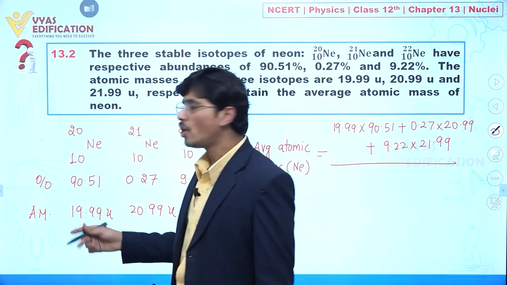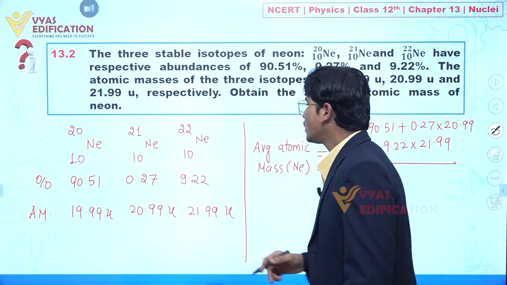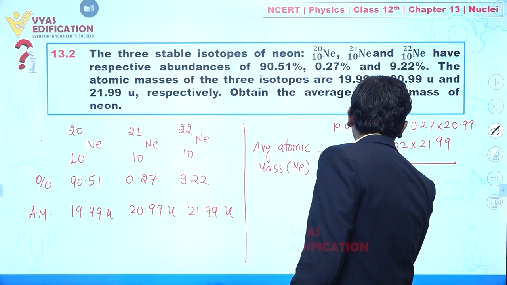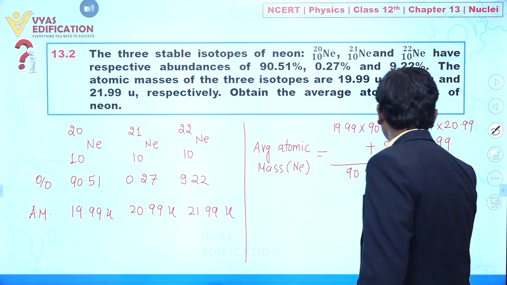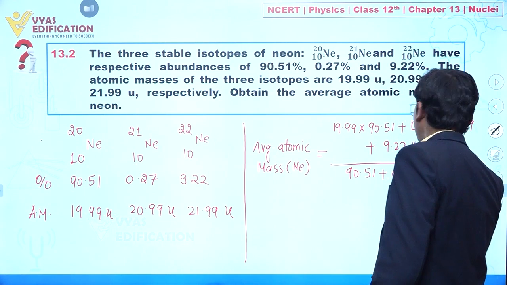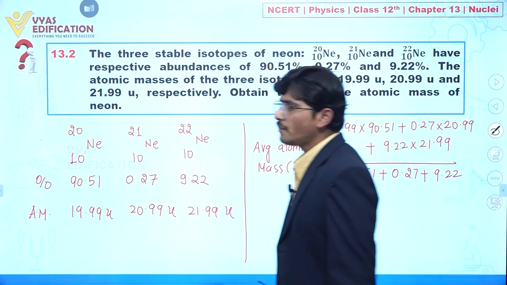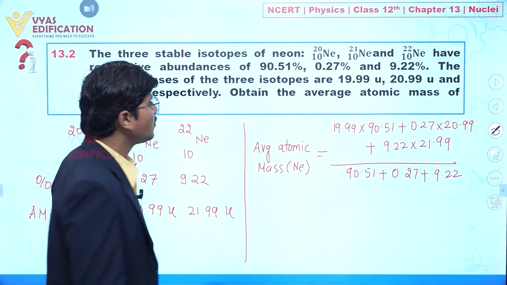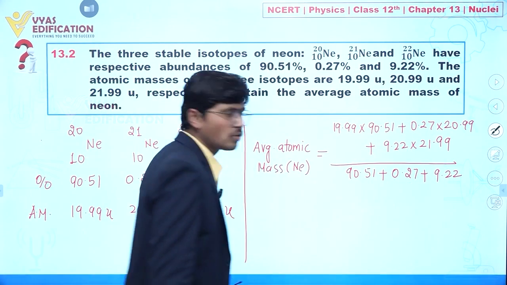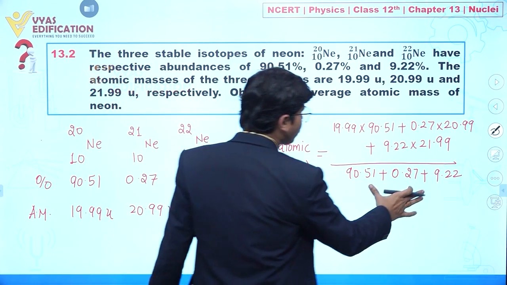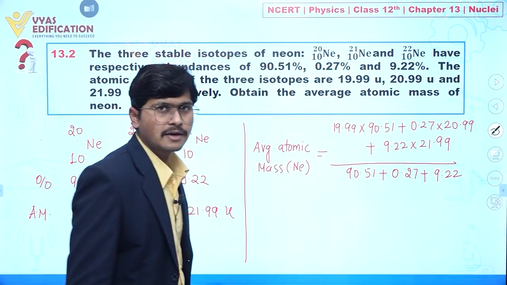Now you have to add all the percentage abundances: 90.51 plus 0.27 plus 9.22. Clear? So now if you add, multiply and then divide by the total, definitely you will find this total is equal to 100, clear.